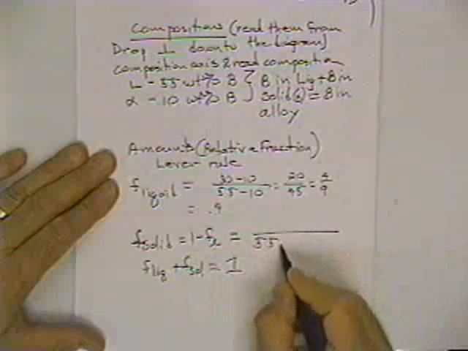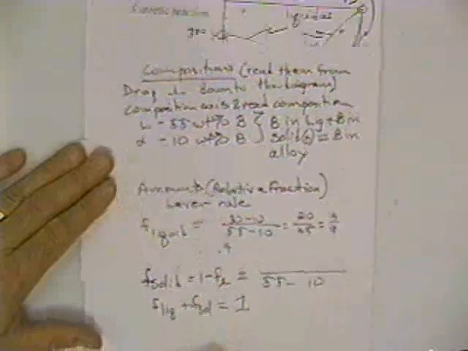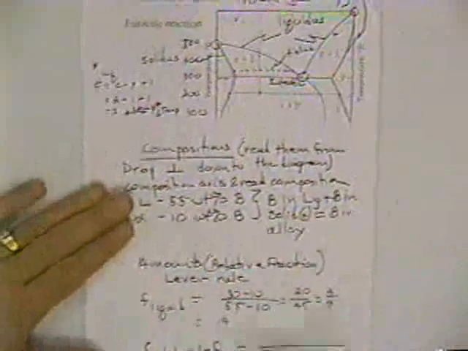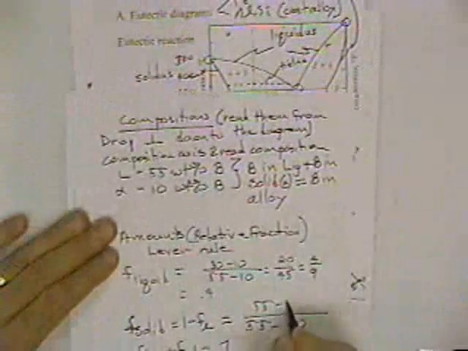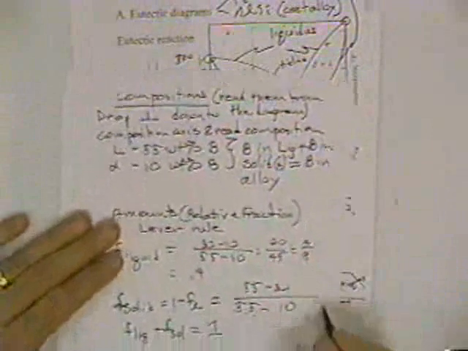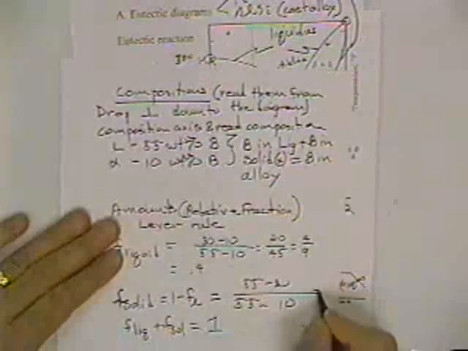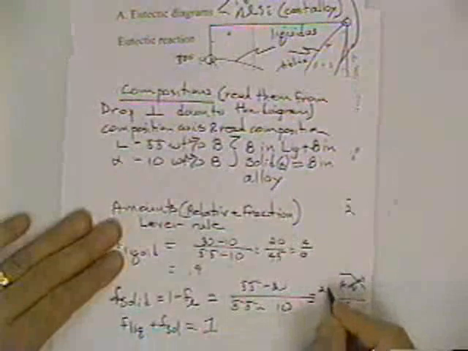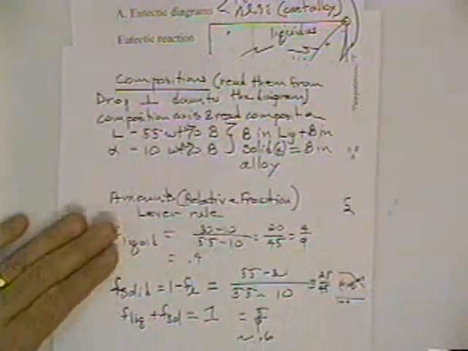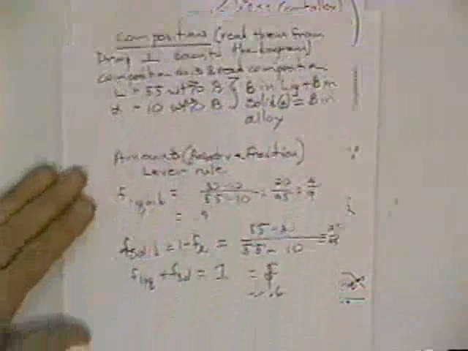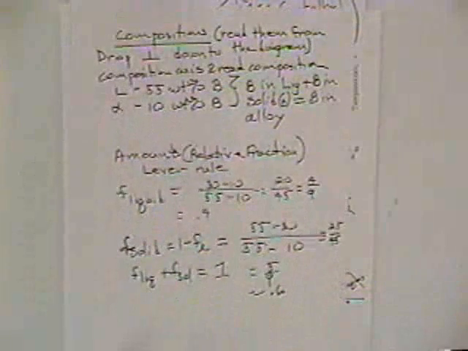We take our tie line, 55 minus 10. Now we want to take the other part, which we said was 55 minus 30. And that would be equal to 25 over 45, 5/9. So that should be about 0.6. 0.4 plus 0.6 equals 1.